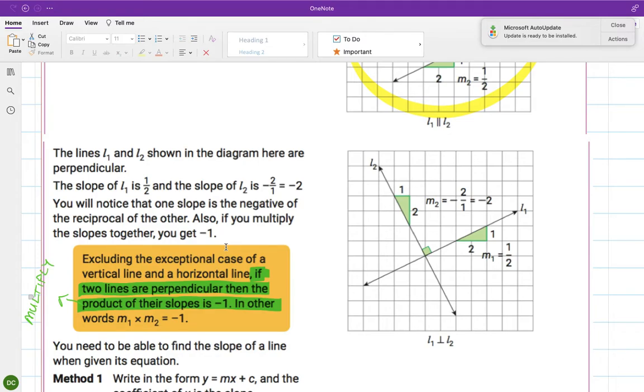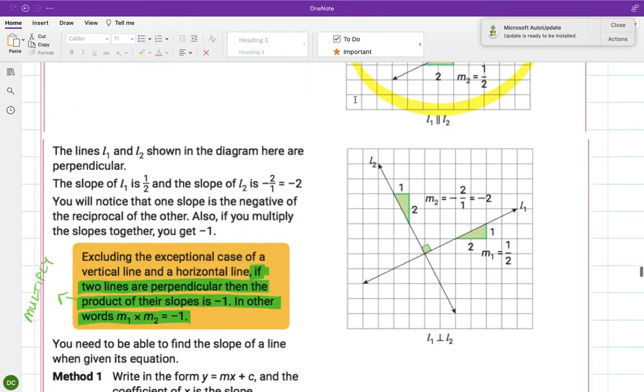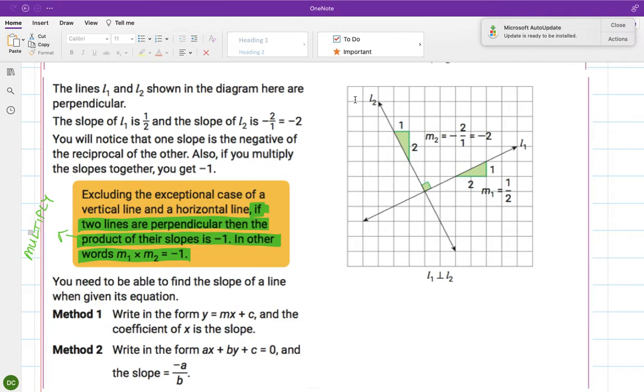In other words, if you take the first slope and multiply by the second slope, you should get -1. So that's how perpendicular lines work. So parallel lines, same slope. Perpendicular lines, you multiply their slopes to get -1.